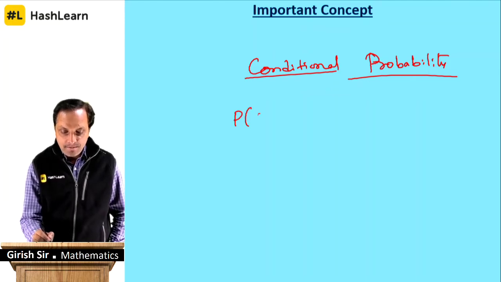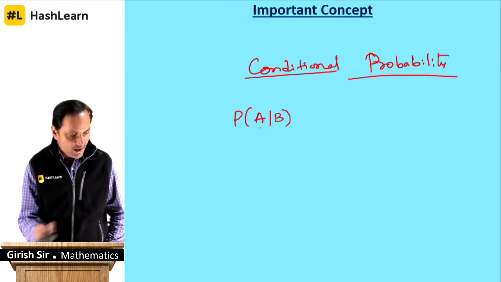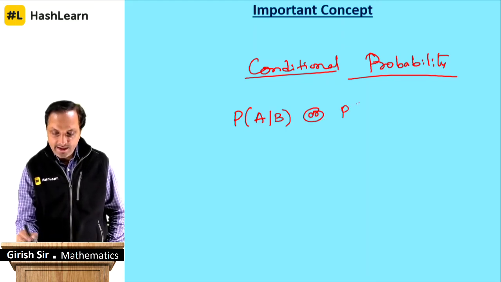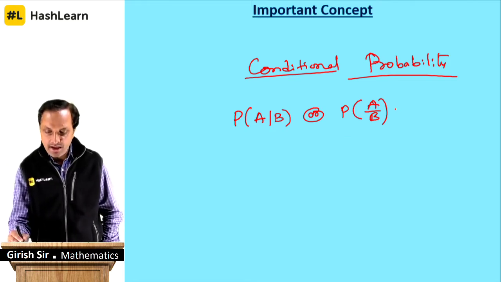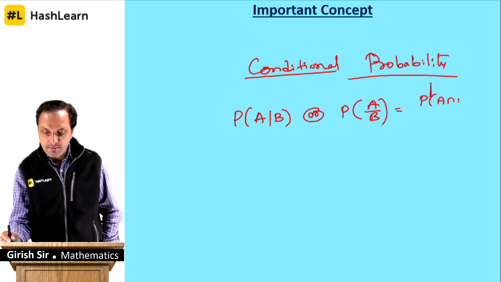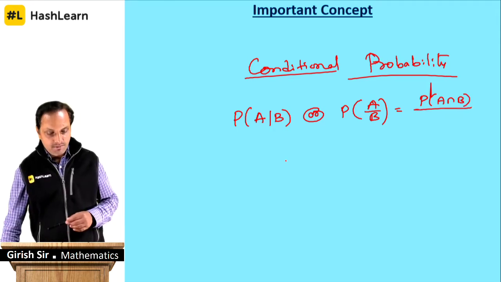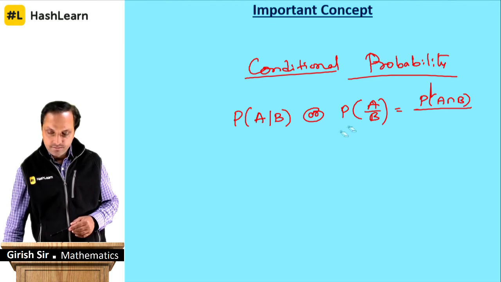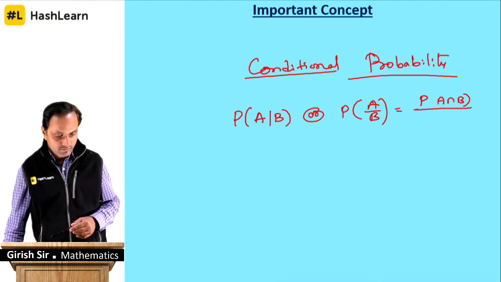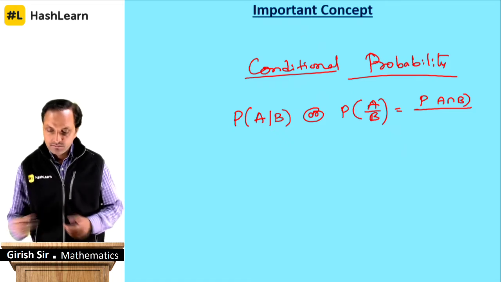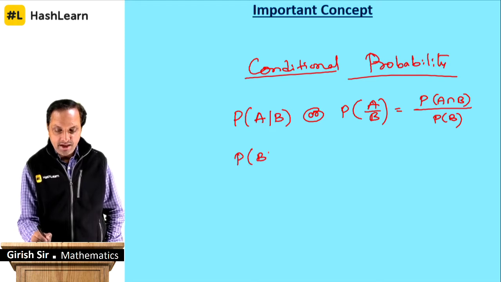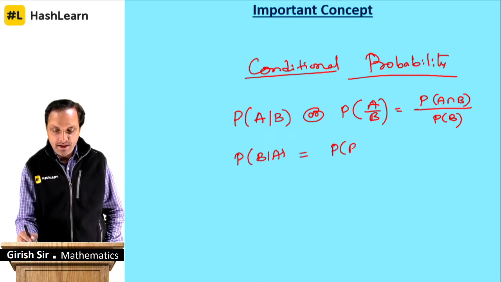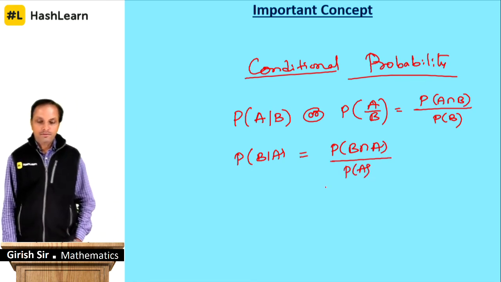So probability of A conditional B, we write it like this, A conditional B, or in some cases they write it as probability of A by B. That means probability of A with respect to the condition B, that is given by probability of A intersection B divided by probability of B. Suppose if they ask you probability of B conditional A, that will be probability of B intersection A divided by probability of A. Is that okay?